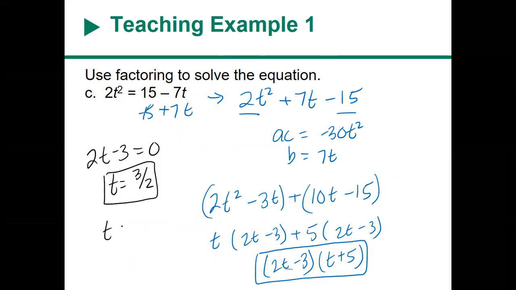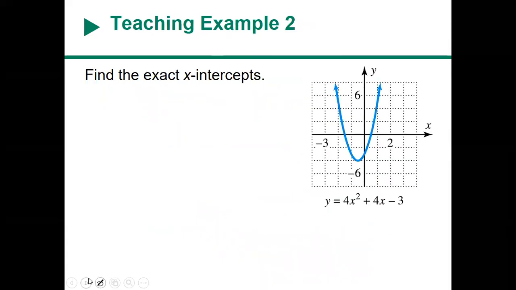And then we have t plus 5 equals 0. So what does t have to equal? T equals negative 5. Questions, comments, concerns? None? Okay, this is going smoothly.